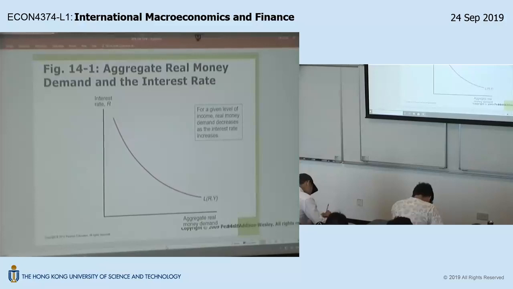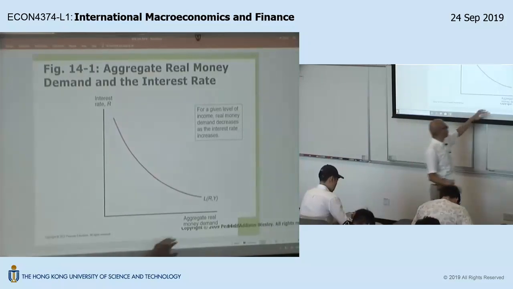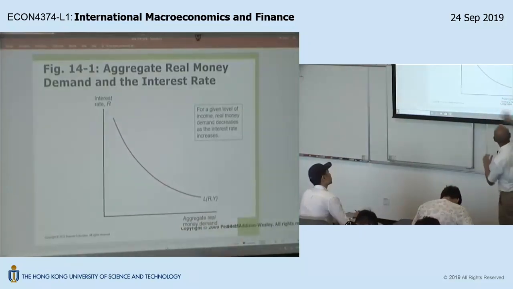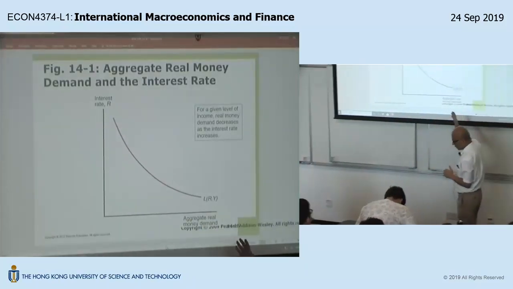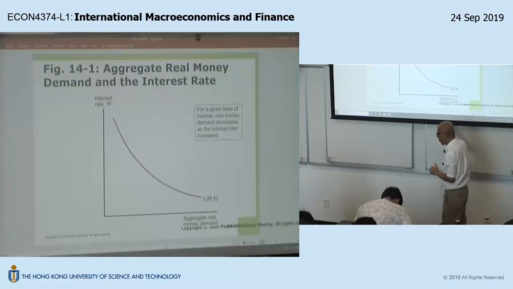So you can therefore draw a curve like this. The horizontal axis is the aggregate real money demand, the aggregate demand for real purchasing power in liquid form.